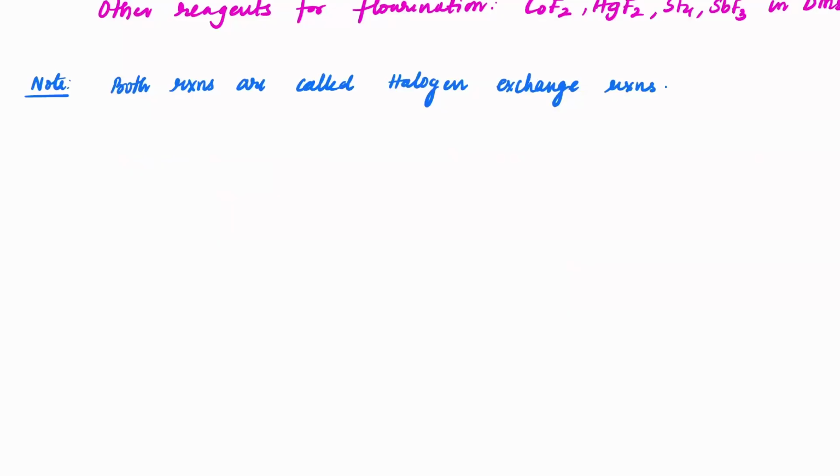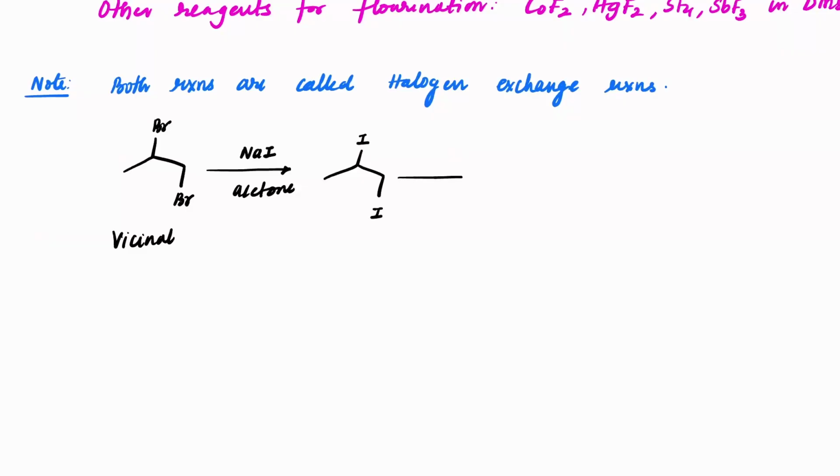One thing you need to keep in mind is that by chance, if there are two halogens on vicinal positions, and then you are reacting with NaI in acetone, imagine the Finkelstein reaction happening on both the positions, you will get two iodides.